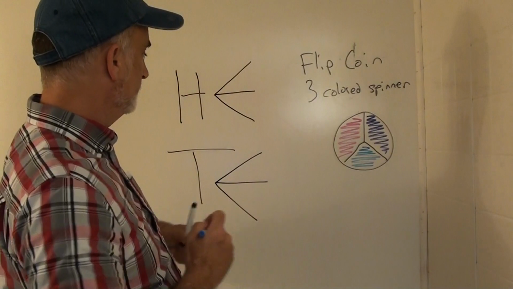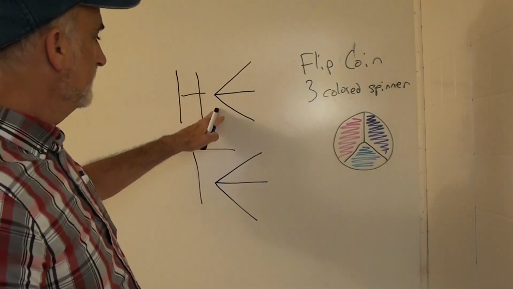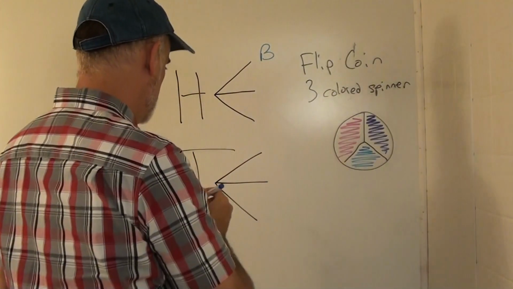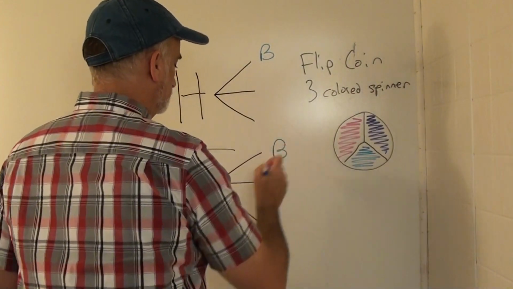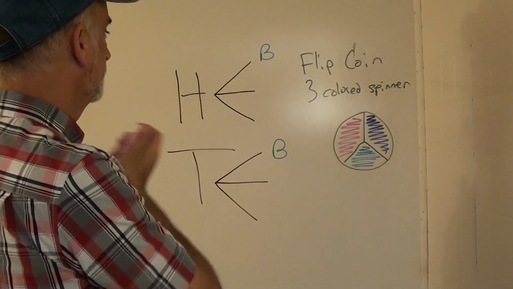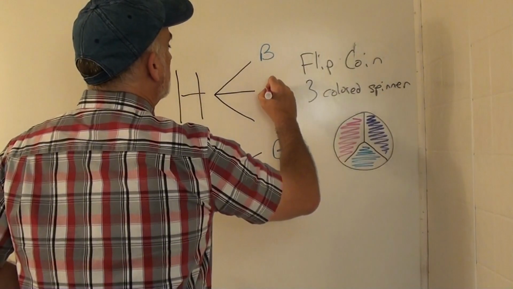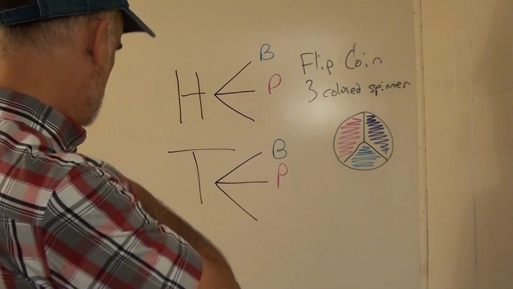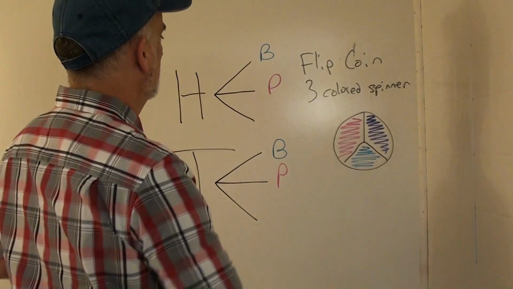So if I flip a heads and then spin, I could get a blue, I could get a pink, and I could get a purple.